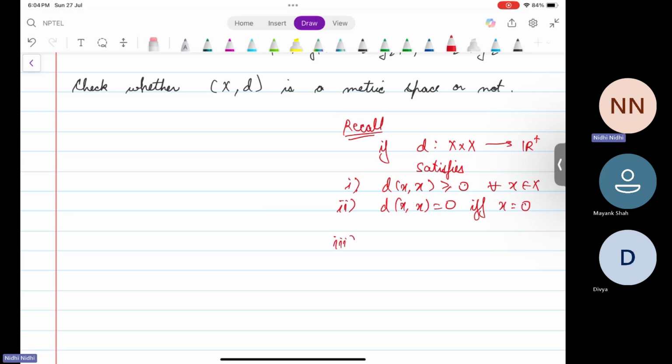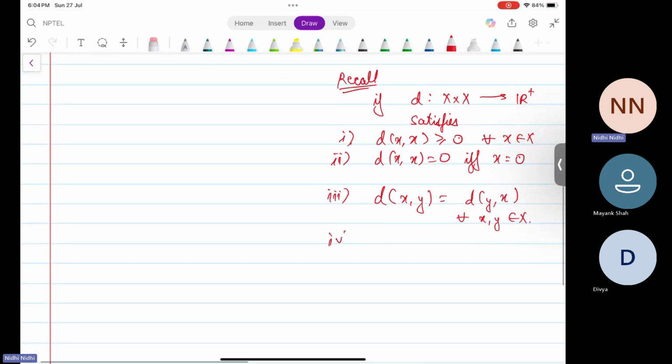The third one is the symmetry: d(x, y) is equal to d(y, x) for every x, y in X. And the fourth one is the triangle inequality: d(x, y) is less than or equal to d(x, z) plus d(z, y) for every x, y, z in X.